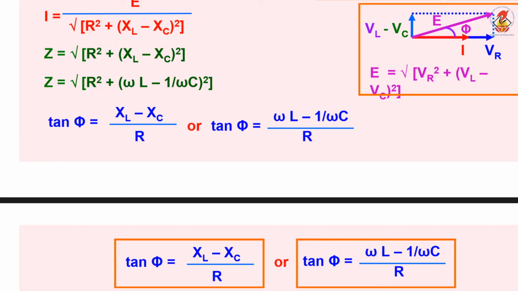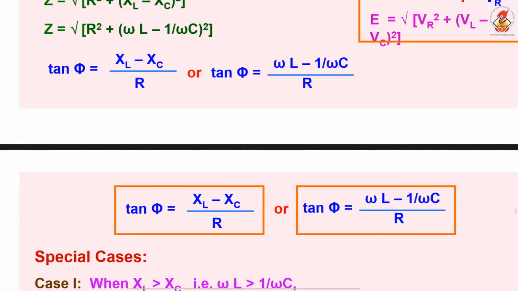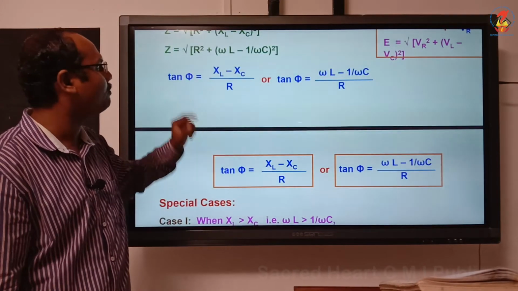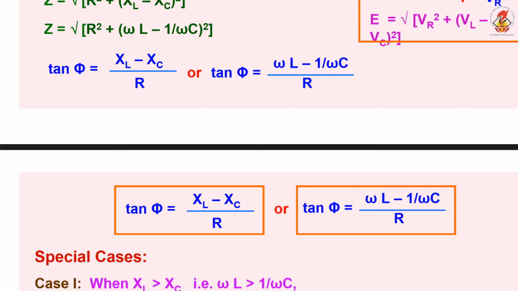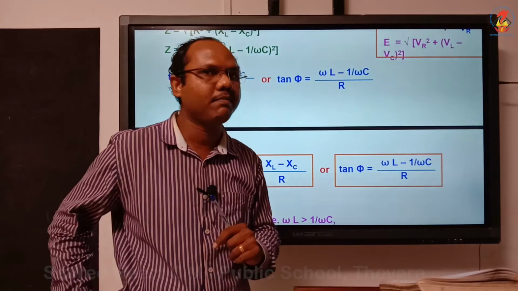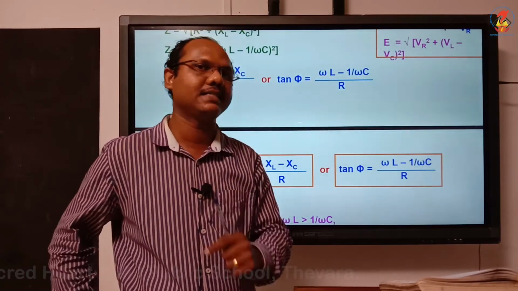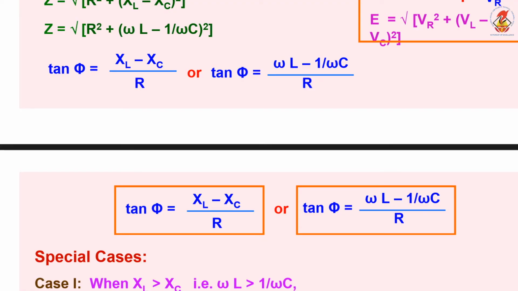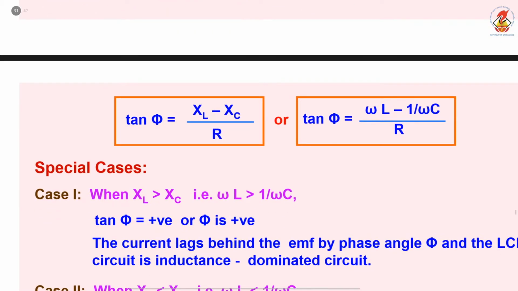Okay. Let us see how to find the phase angle. The phase angle tan phi is equal to (XL minus XC) by R, because tan phi is opposite by adjacent side. XL is L omega and XC is 1 by C omega. So tan phi is (L omega minus 1 by C omega) divided by R. And phi is called the phase angle.